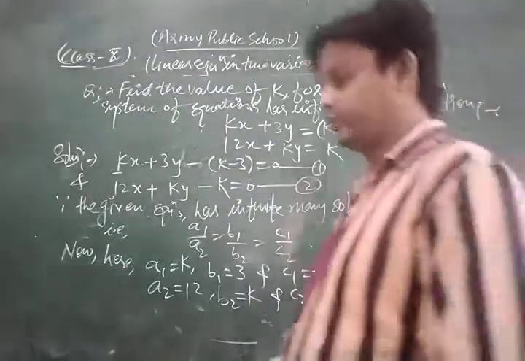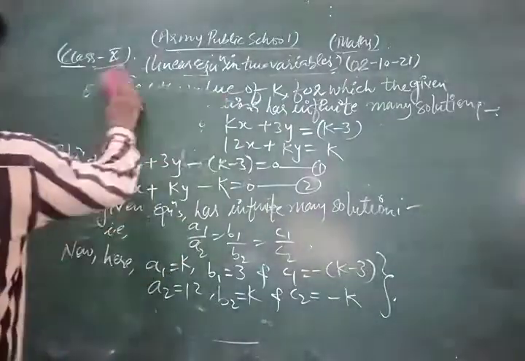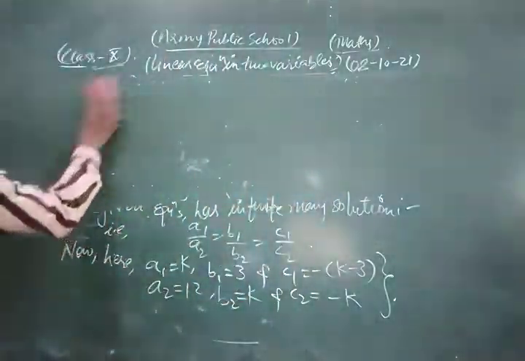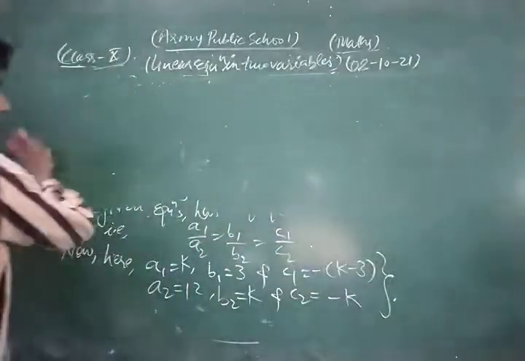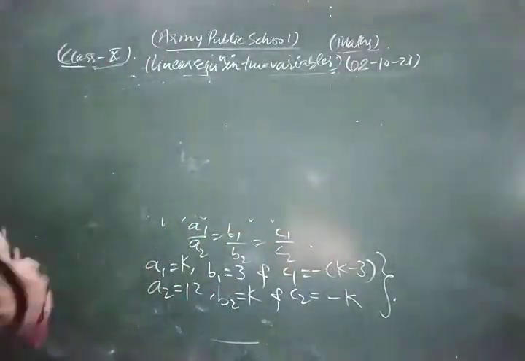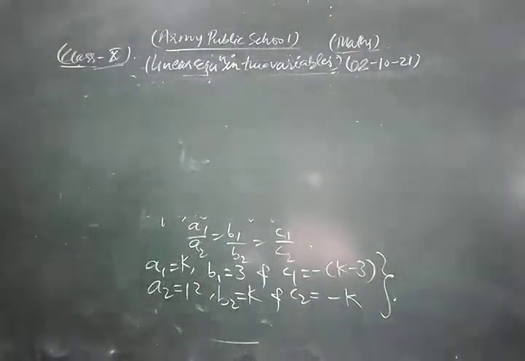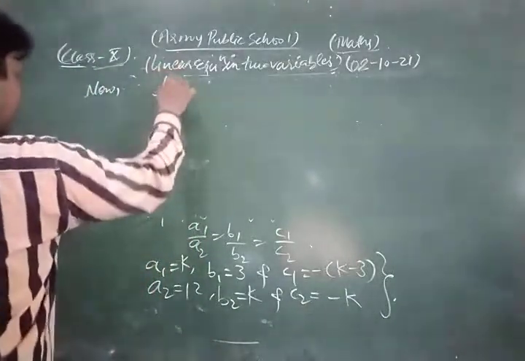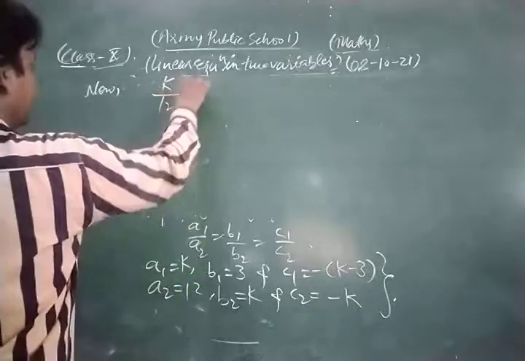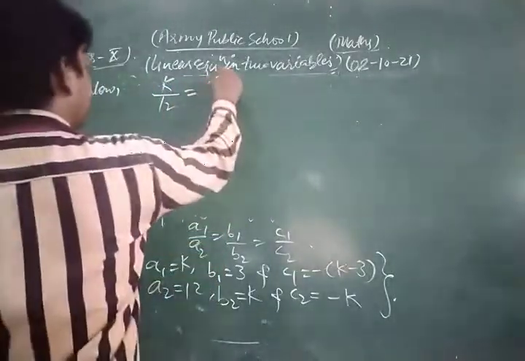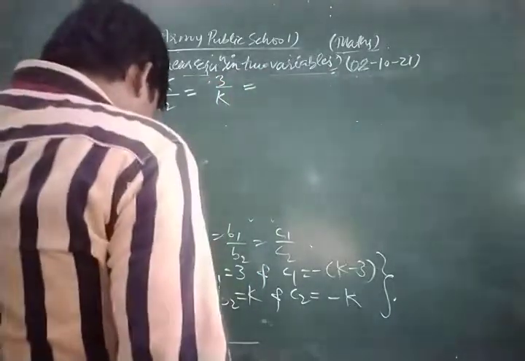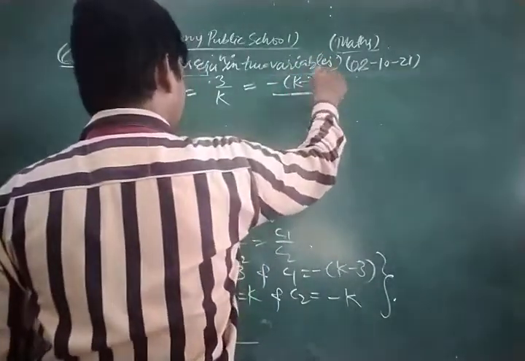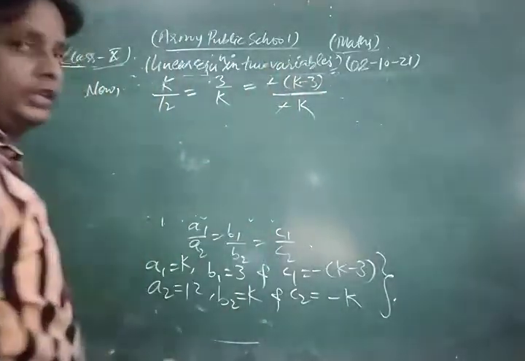Now we put the values in that relation. So a1 upon a2 is k upon 12, which is equal to b1 upon b2, 3 upon k, which is equal to c1 upon c2, minus (k minus 3) upon minus k. The minus signs cancel each other.